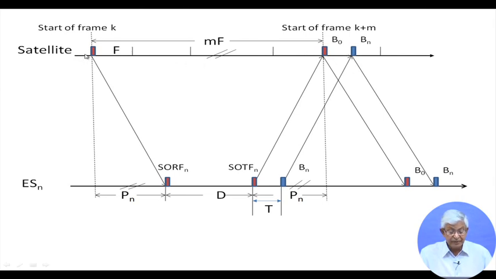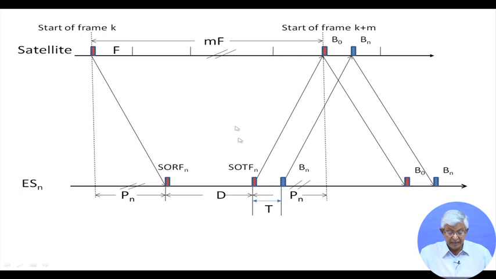So, now if this is the number of frames, if you have a projection on the ground station, this m times F should be equal to d plus 2 into the one direction propagation delay, 2 into p n.